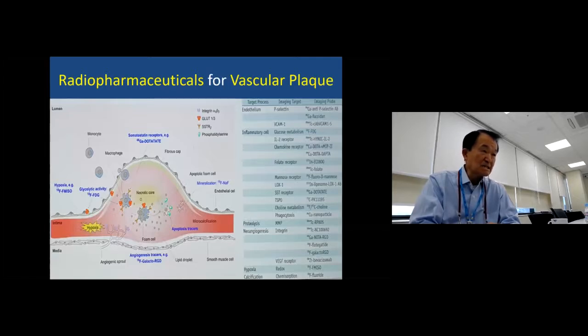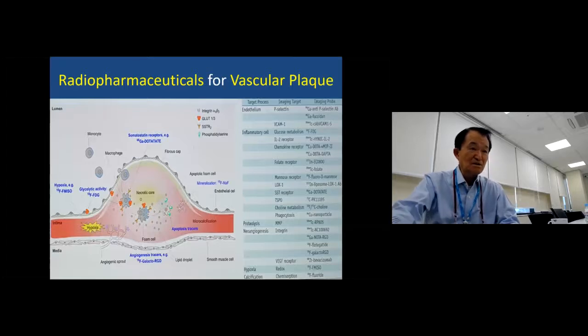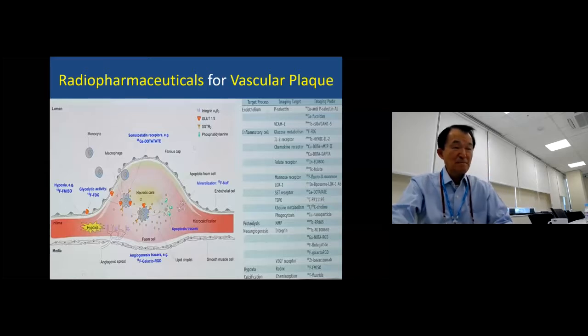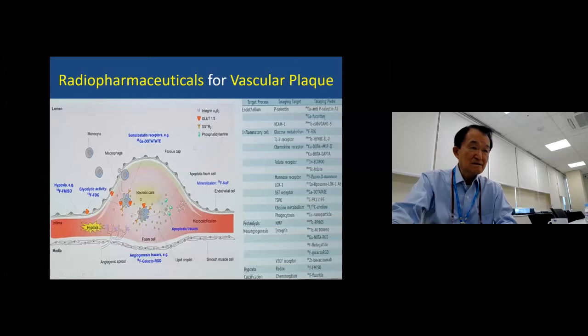In nuclear medicine literature, there are many radiopharmaceuticals, as you see on this right side. Many agents have been utilized to image thrombosis. And the endothelial selectin and VCAM, this kind of protein can be imaged with PET or a technetium agent here.